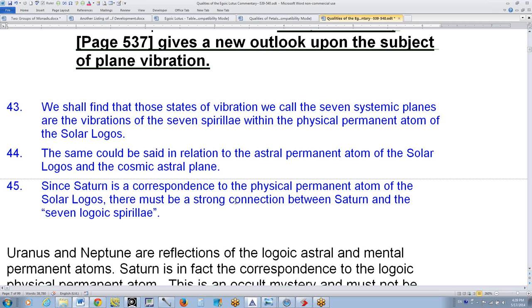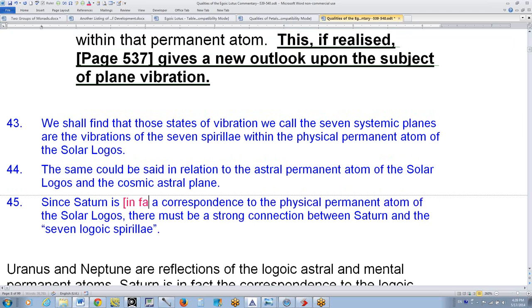So since Saturn is the correspondence to the physical permanent atom of the solar logos, there must be a strong connection between Saturn and the seven logoic spirillae.